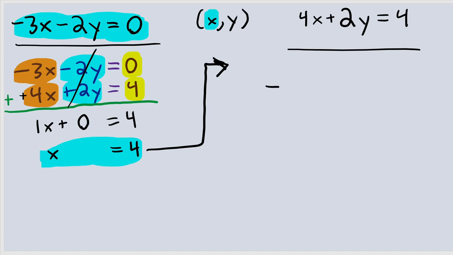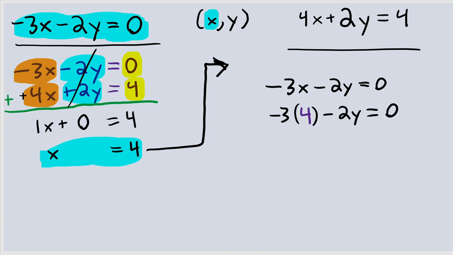So I have negative 3x minus 2y equals 0. Okay. Now, there's a 4 that I need to replace for x. So I'm going to replace x with 4. And then everything else stays the same. Okay, so negative 3 times 4 is negative 12. Minus 2y equals 0.